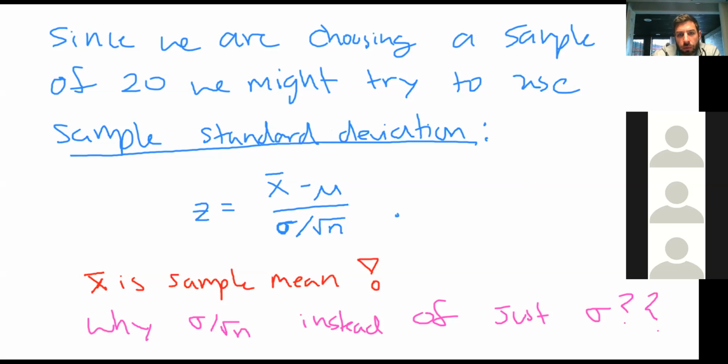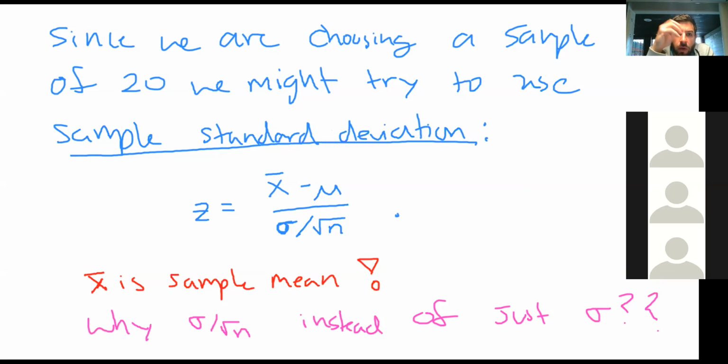Ask yourself, what was the difference between the standard and population formulas? If you remember, one had the square root of blah, blah, blah over n.